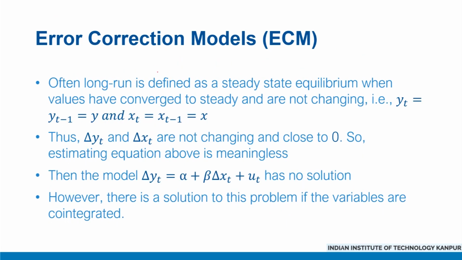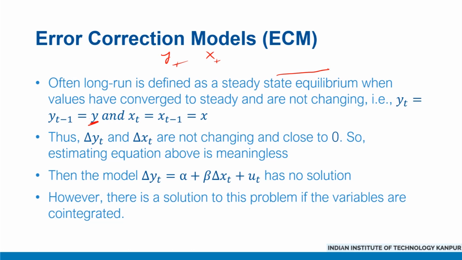Generally, when you're talking about a long-term relationship between two series YT and XT, in the long run, these variables approach some kind of steady state equilibrium. What do we mean by steady state equilibrium? A state where YT is not changing much because it has reached its equilibrium value. The difference between YT and YT minus 1, which is delta Y, is approaching 0.